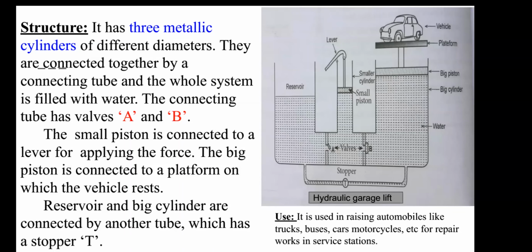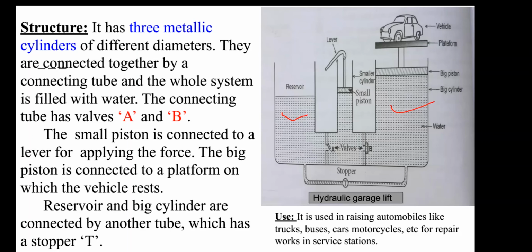In addition, dear students, the cylinder where we store the fluid or liquid water is called the reservoir, and the big cylinder, where the vehicle or the load to be overcome is kept, are connected with another tube.